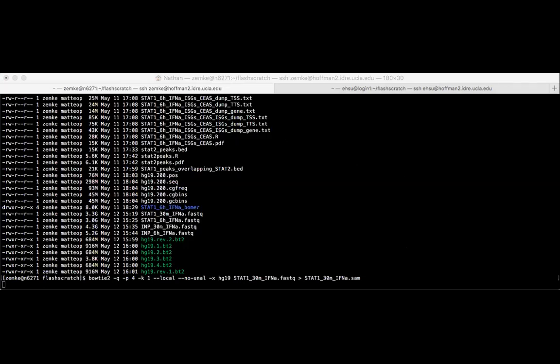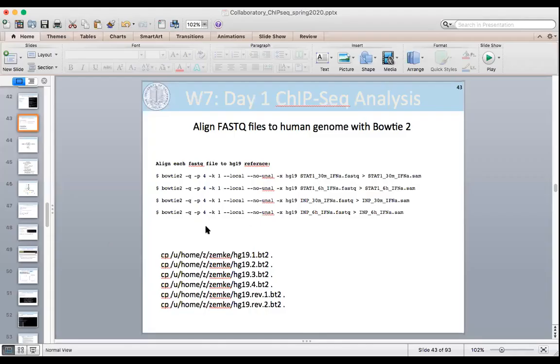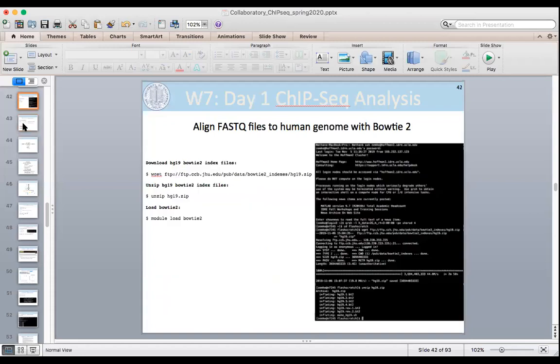All right, so I didn't explain, you need to unzip the HG19. I kind of skipped a couple things, but go back to PowerPoint and make sure that, if you downloaded through the website, you unzip the HG19 zip file and module load Bowtie 2.